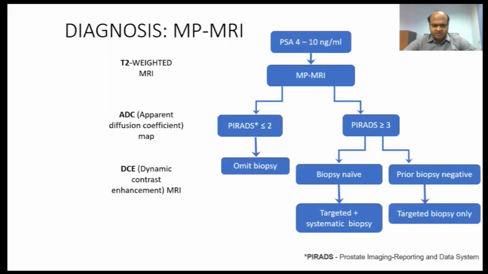If the PI-RADS score is less than or equal to 2, we can omit biopsy. We can follow up the patient with repeat PSA after a suitable interval. However, if the PI-RADS score is 3 or more, then biopsy is indicated.